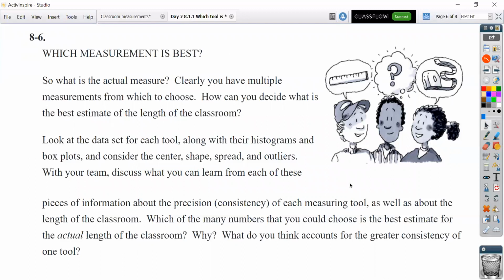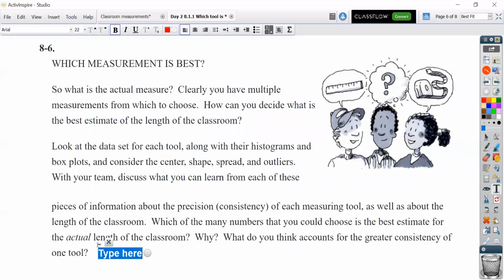I think what they're really getting at is that since the medians were so close, since the data was so evenly spread, I would say that the actual measurement of the room is near 336 inches. So you could put that down as an answer. Kind of like what I answered before.